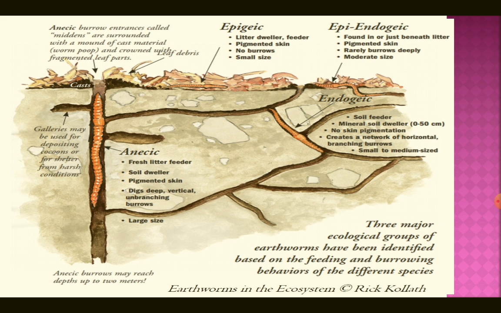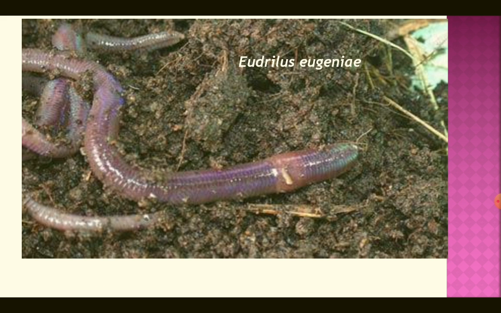So these are three different varieties of earthworm based on their ecological habitat. I'll show you a few examples of each type. Now this is Eudrilus eugeniae, which is a very famous vermicomposting type of earthworm. They decompose organic matter and leaf litter at the fastest rate, and they are the ones employed in vermicomposting.